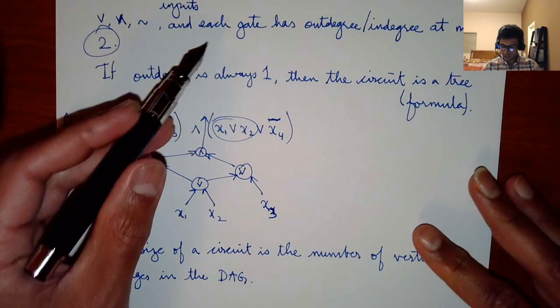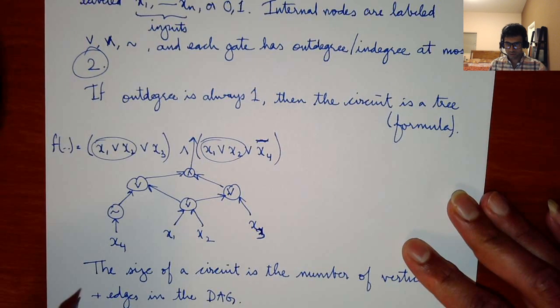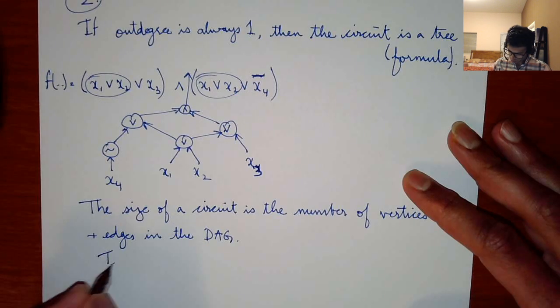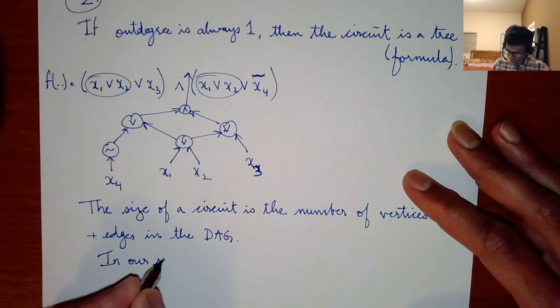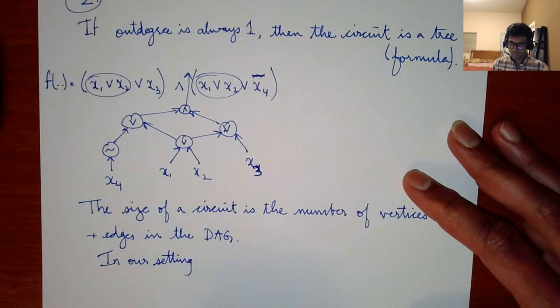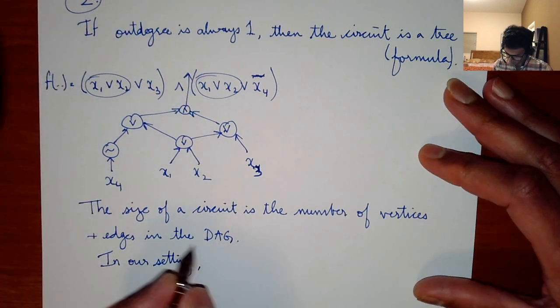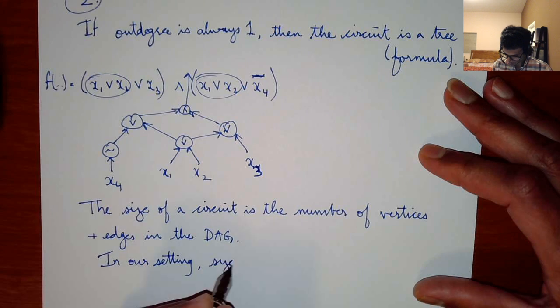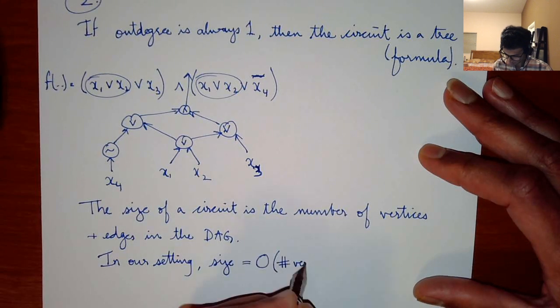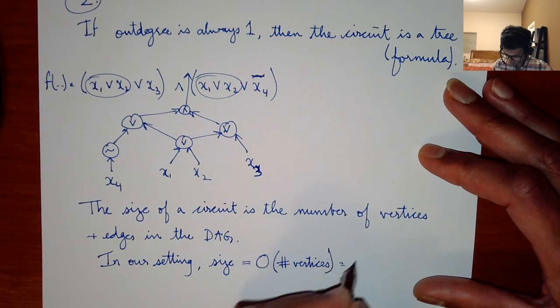Now, because each gate has an out degree of at most 2 in our setting, the size is really just O of the number of vertices, which is really O of the number of gates.